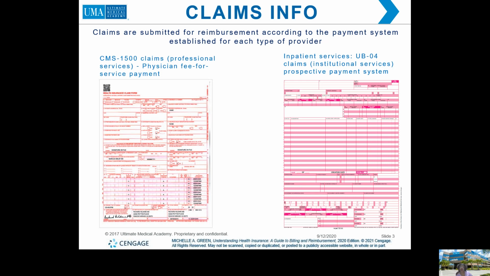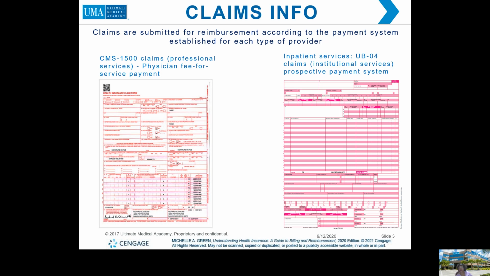Okay, so let's look at what the claims look like. Now, these are the paper claims, and of course, you know that most of the time we'll be using electronic claims, but I do want you to see that the claims are going to be different and different data elements, even though it's going to be electronic, are going to be required for these two particular types of claims. So the CMS 1500 is for your professional services, physicians and clinics, and anything that's outpatient.